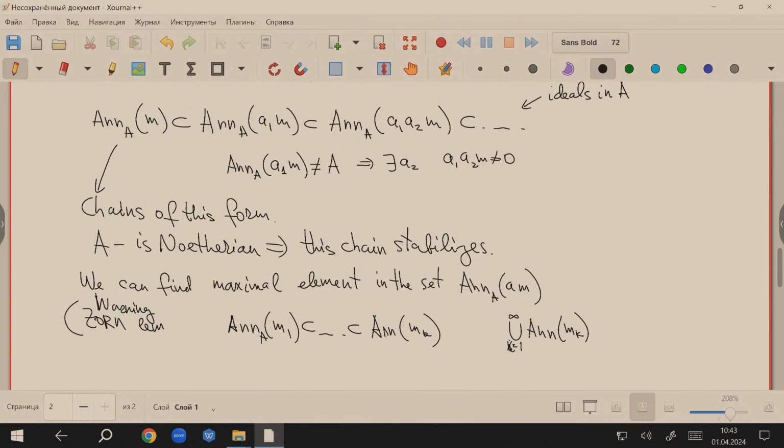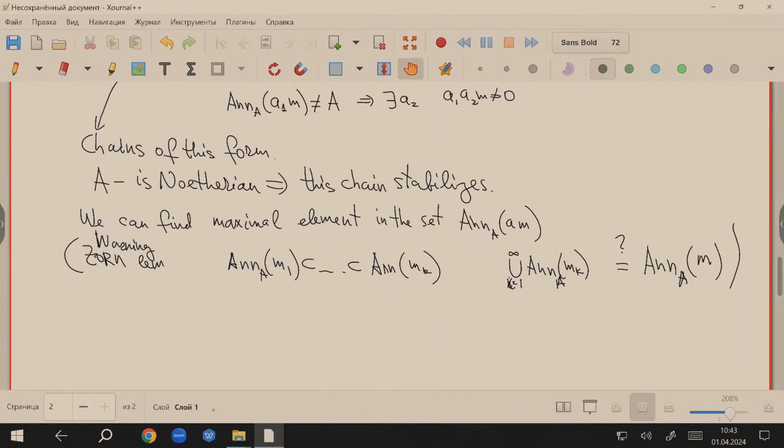In order for the third lemma to work, you should write this ideal in the form of the ideals that you put in your set, and that means that you should find an element M in your module such that this union is an element of that form, and it is not clear how to find this element.